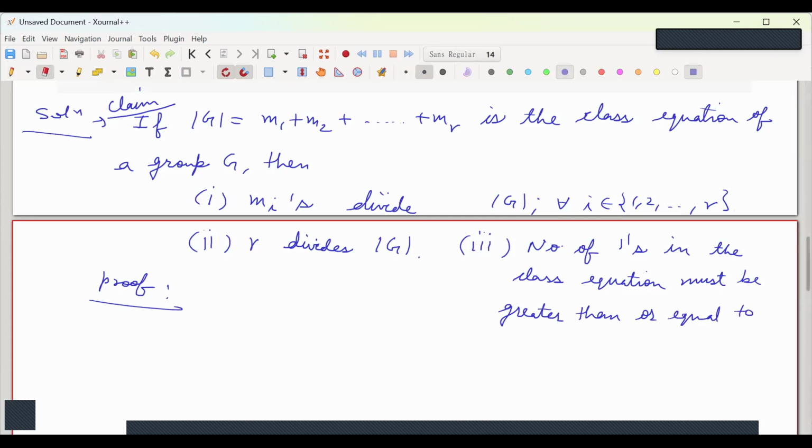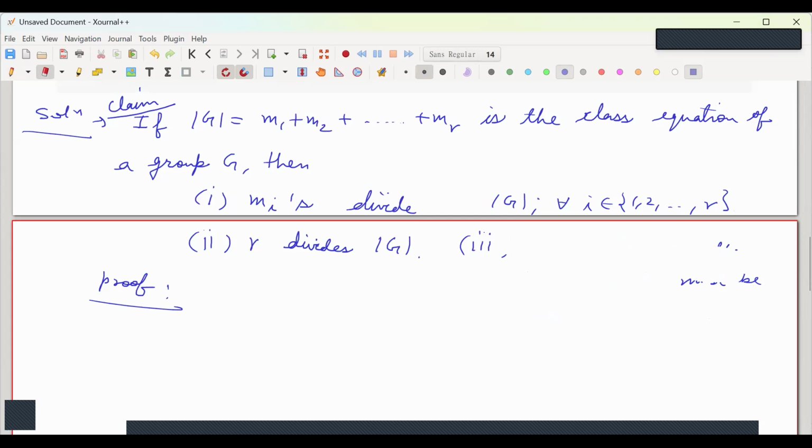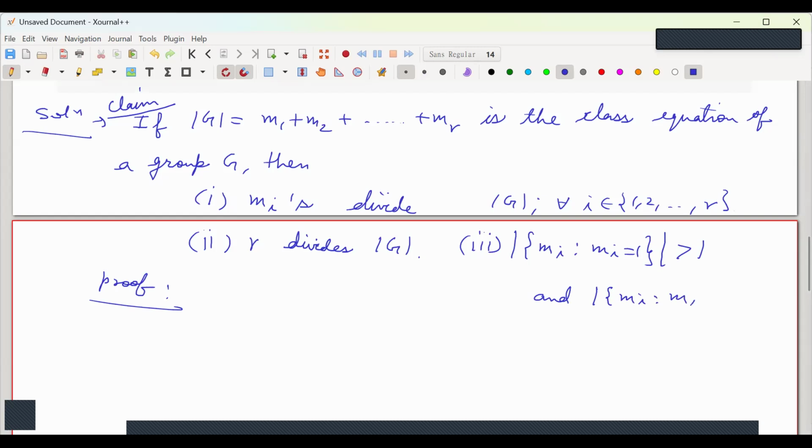Or maybe I can write it in a better way. The property says the size of the set of m_i such that m_i is equal to 1 should be greater than 1, and this size divides the order of G. The third one is the easiest part.